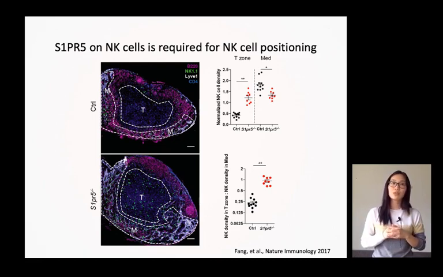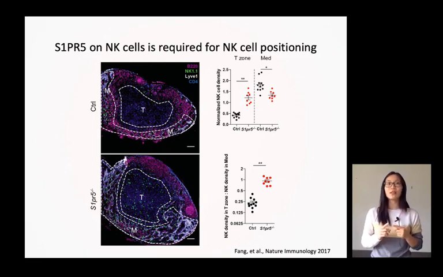When we knocked out S1P receptor 5, the animal showed the same phenotype as before, that is to say, mislocalization of the NK cells from the medulla to the T-zone. And again, the quantification is to the right. We did generate mixed bone marrow chimeras with these S1P5 knockouts and wild-type NK cells within the same wild-type host. And this demonstrated that S1P receptor 5 was required on NK cells in a cell-intrinsic manner.